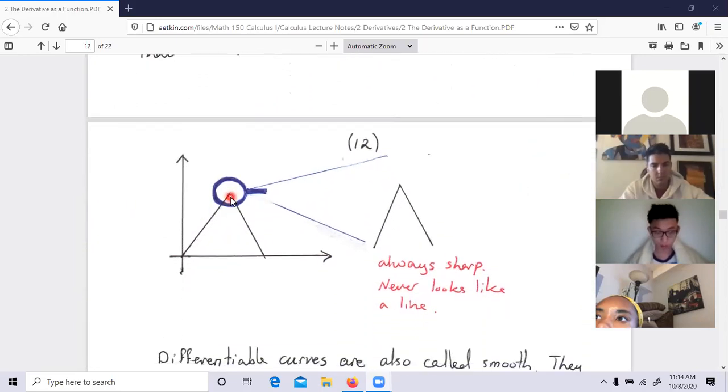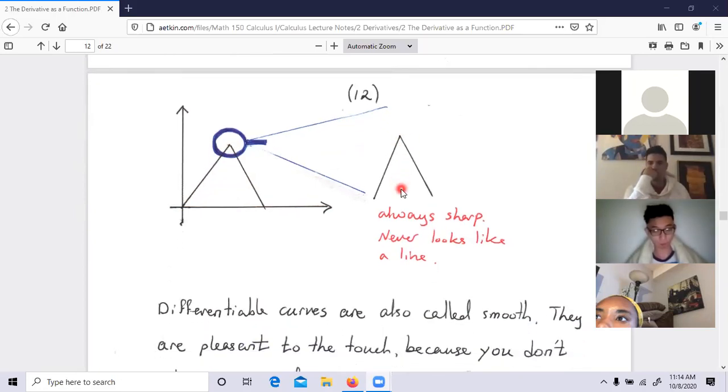All right, here is a simple example. Imagine that I have this particular curve. It does look continuous, correct? Because it looks like one whole piece, it's all connected here. So I zoom in at the peak, and what do I see? I see a broken line. And no matter how much I zoom in, I will always continue to see a broken line, correct?